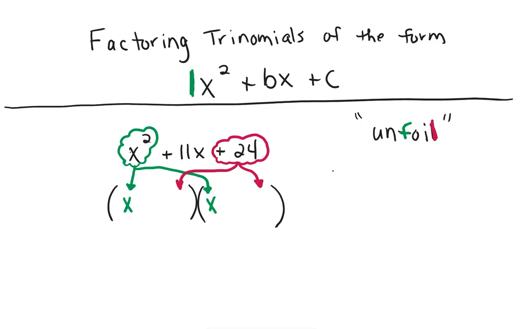Now I got some choices here, because 1 times 24 equals 24, 2 times 12 equals 24, 3 times 8, 4 times 6. When I get to 5, 5 is not a factor of 24. And then after 5 comes 6, but I've already got 6 on this side, so I'm done. I have found all pairs of numbers that would multiply to give me 24.